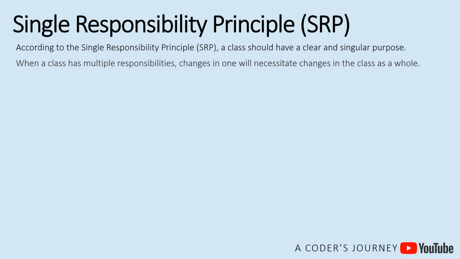So a class, a method, a window in your user interface, all should have one single purpose. If not, when you want to make a change, the changes will propagate and force you to make adjustments in different parts of a class, which of course makes the maintenance of that class a nightmare.